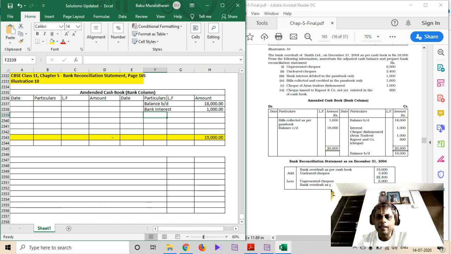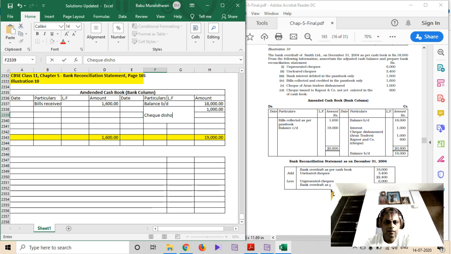Bills collected and credited in the passbook only. That's on receipt, right? Bills received. Amount is 1,600. Then check of Arun Traders dishonored. So there's a check that has got rejected.